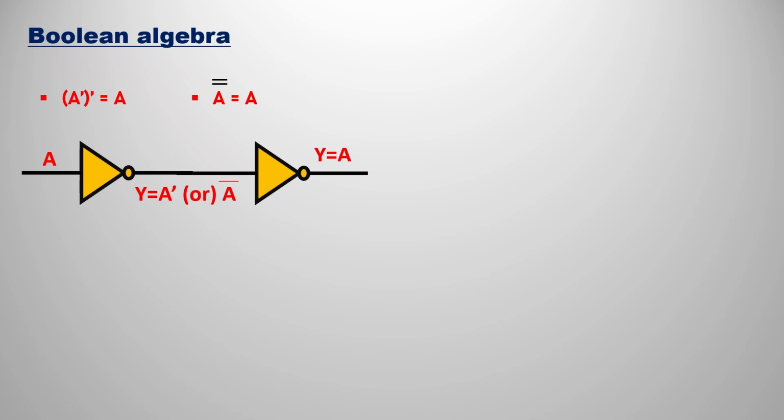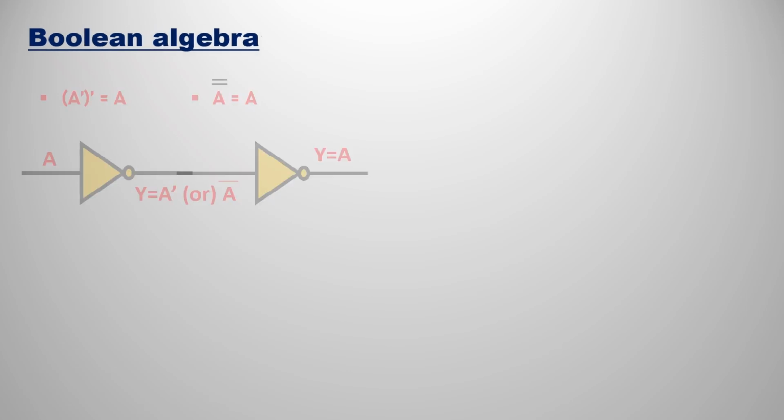Again you flip, so it becomes 0 again. So for a double bar, we can simply cut out those 2 bars. If you have 4 bars, you can cut all 4 at a time. If you have 3 bars, you can cut 2 bars and you are left with only 1 bar. That's the motto to think of. 2 bars can be cut off, like the 0 is toggled 2 times, so it becomes 0 again. This is also a part of Boolean algebra.